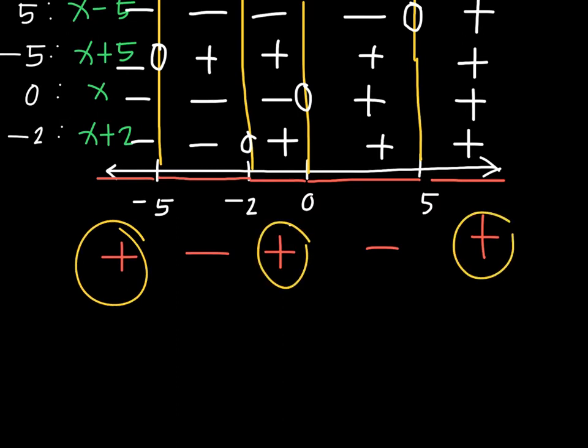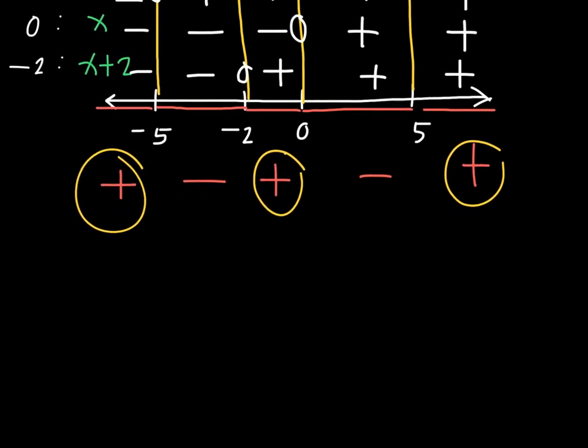Okay, so finally identify these intervals where you have the positive signs, and the first one is from negative infinity up to negative 5, and then from negative 2 up to 0, and then from 5 up to positive infinity.